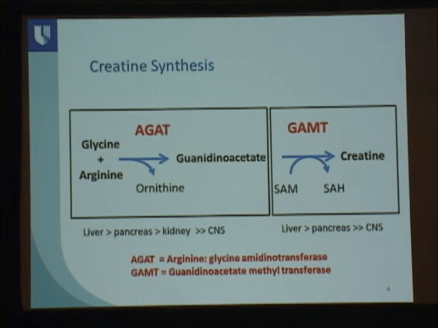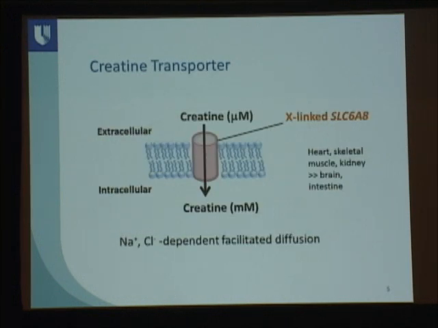And we also obtain creatine from the diet. From the site of production to where it's needed, creatine is transported in the blood. It's taken up by cells by a transporter that is coded on the X chromosome against a huge concentration gradient. So this is a facilitated transport.